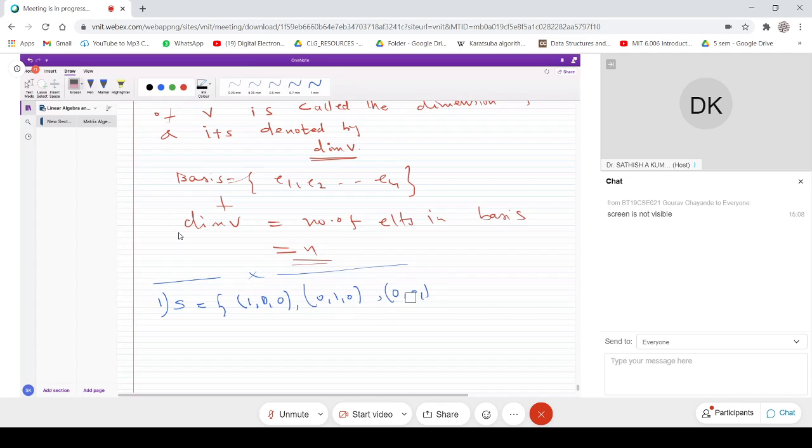The first thing is that S is linearly independent, because none of them depends on the others. And S is a spanning set also. One observation is that S is linearly independent and S is a spanning set.